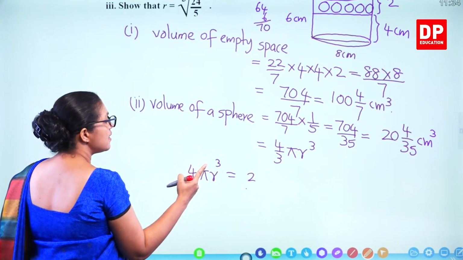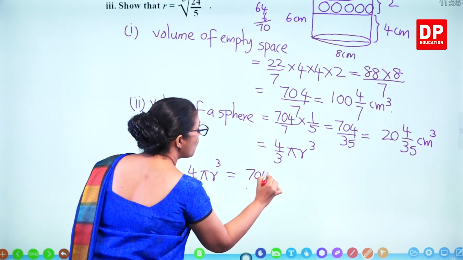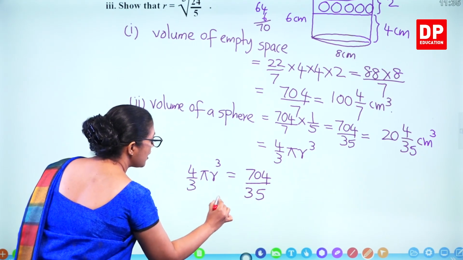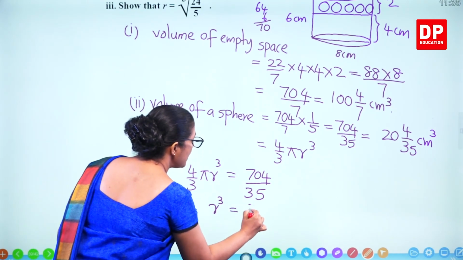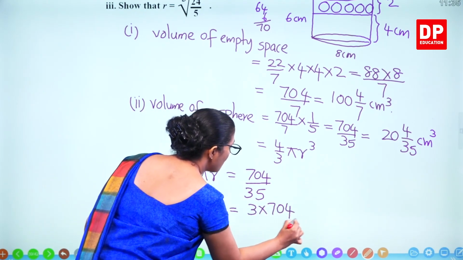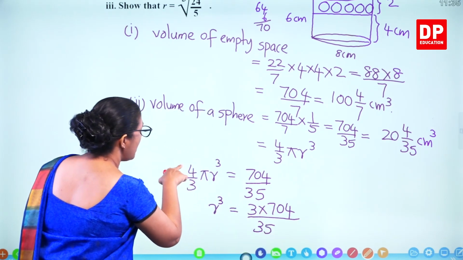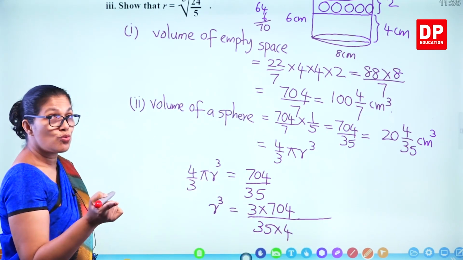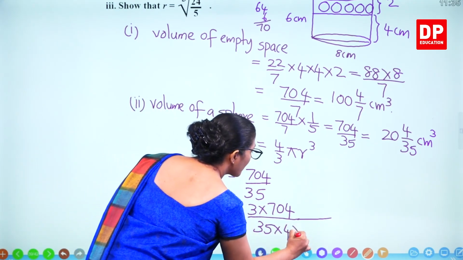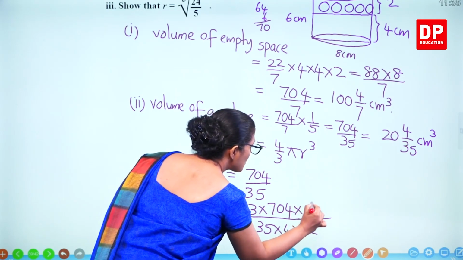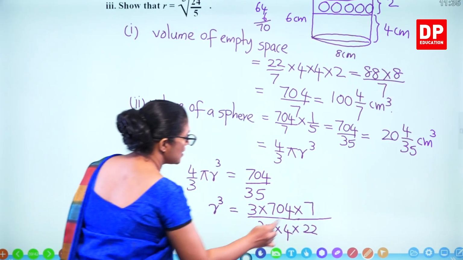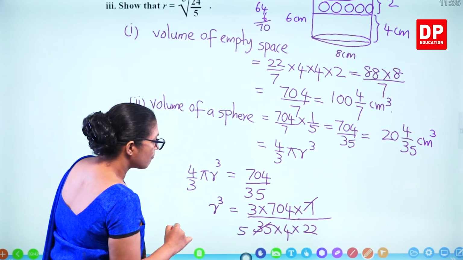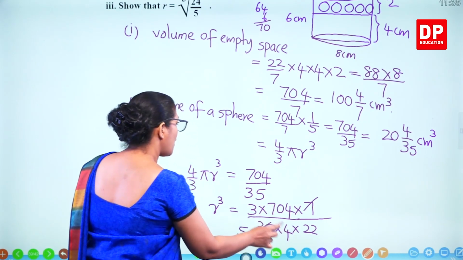It's easy to write. 704 over 35. Now what is R cube? R cube is equal to 3 times 704 divided by 35, and here 4 and pi. Pi is 22 over 7. 22 over 7, 7 goes up. So what's that? 7 times 5. Can we divide by 4 here?